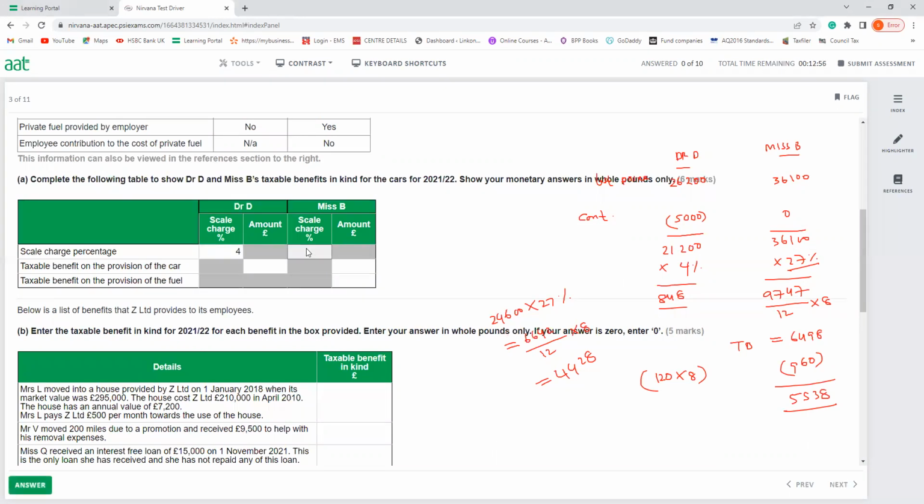Next one is 27%. Then the amount for the taxable benefit, 848. And for the Ms. B, 5538. And for the fuel benefit, 4428. All right. I think that's it for the first one.